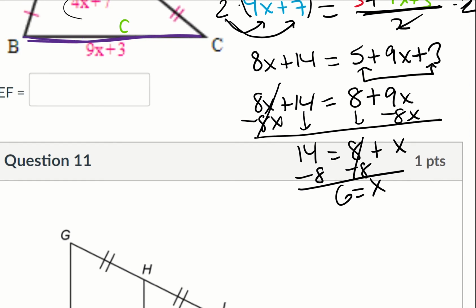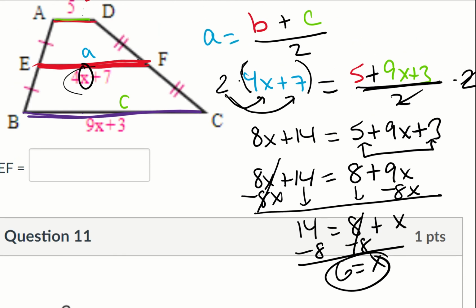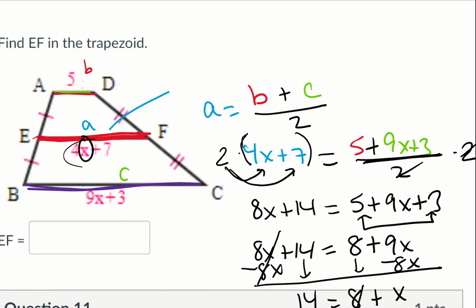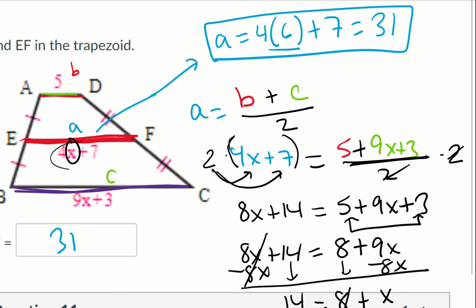Okay, so now that we got x, we can plug it in here, and that will give us A. So A is 4 times x, which we said was 6, plus 7. 24 plus 7 is 31. So A is 31. And that's EF.